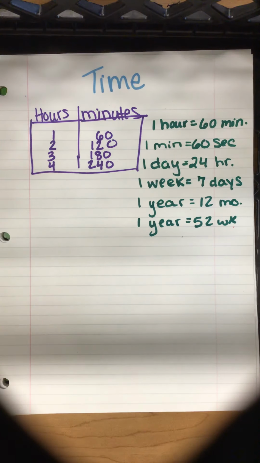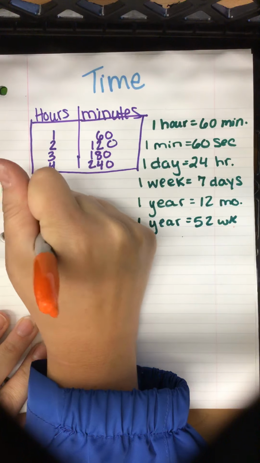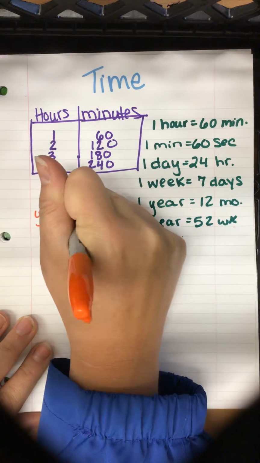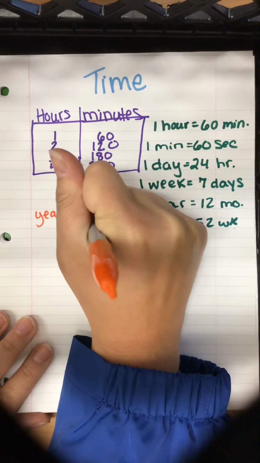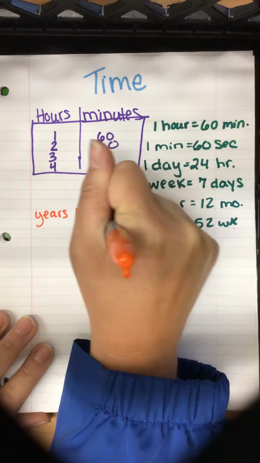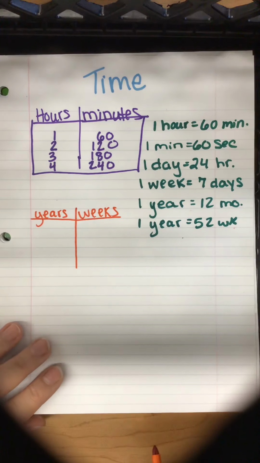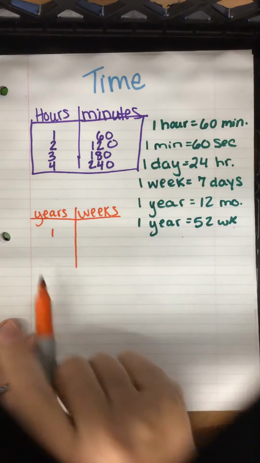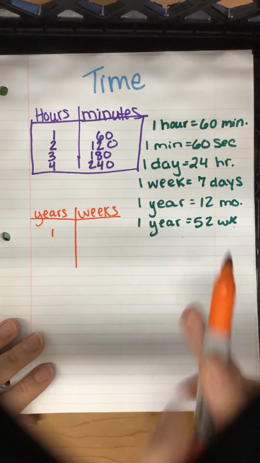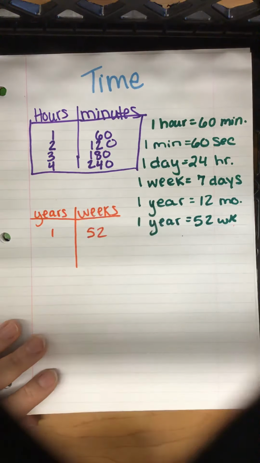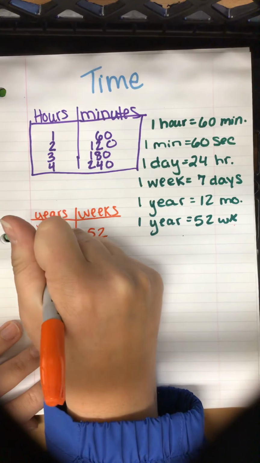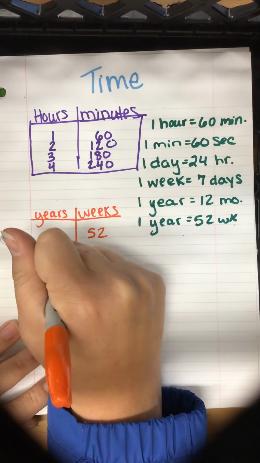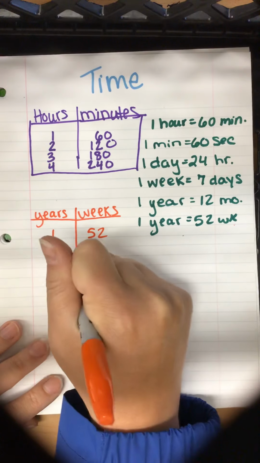All right, let's make another chart. Let's do years and weeks. So write years, write weeks. Okay, so let's start with 1 year, look up here, is 52 weeks, okay? How about 2 years, or 3 years, or 4 years, or 5 years?